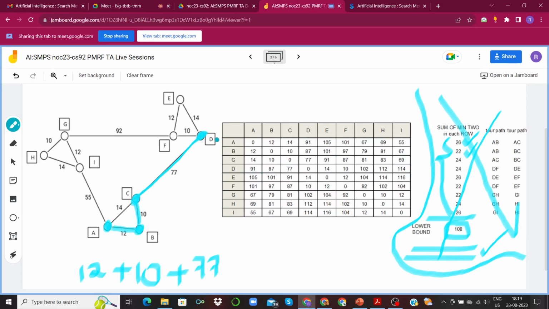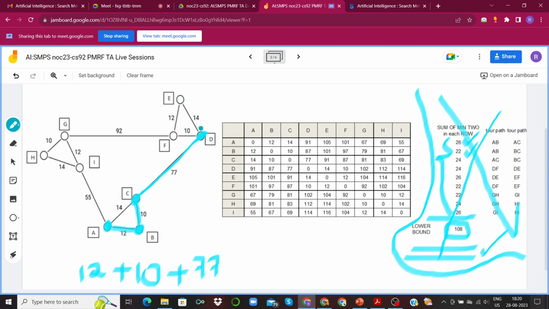If we actually go from D to F, even though this looks like a very lucrative direction to go into, it has the least cost edge of cost 10 going from D to F. Once you are at F, you can either go to E or G, and E has the lower cost over here. So if you go from F to E, you will be stuck over there, right?